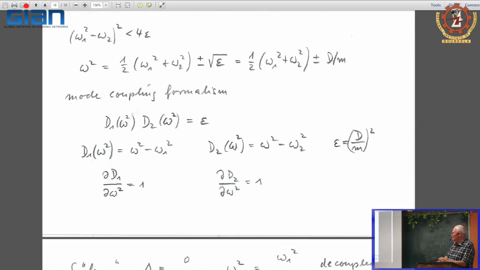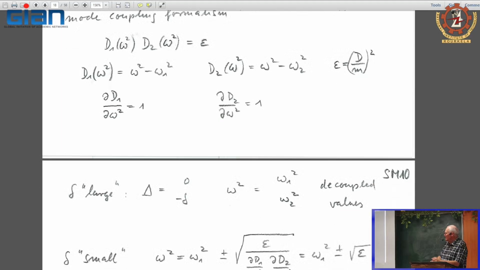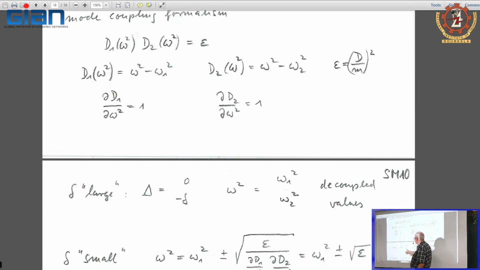Then the dD1 over d omega squared, which is required for the coupling mechanism, is 1, and similarly dD2 over d omega squared is 1. If delta is large, if the difference of omega 1 and omega 2 is big, then we get the capital Delta 0 and minus delta, and we get the decoupled values, meaning omega squared is omega 1 squared and omega 2 squared.